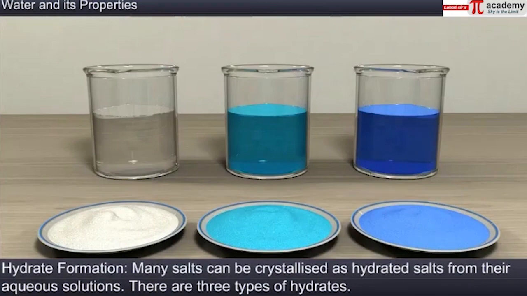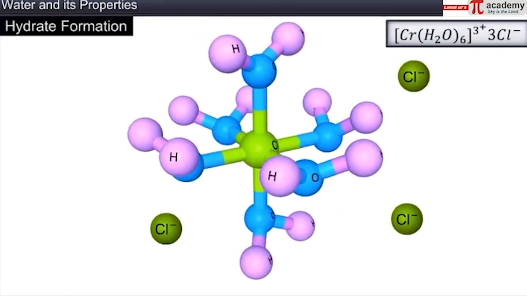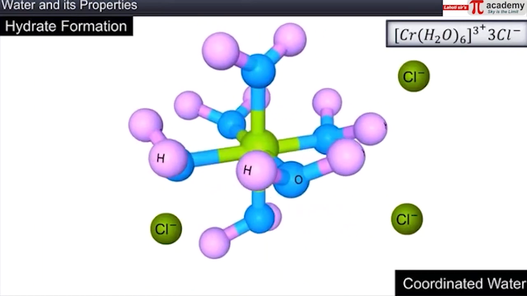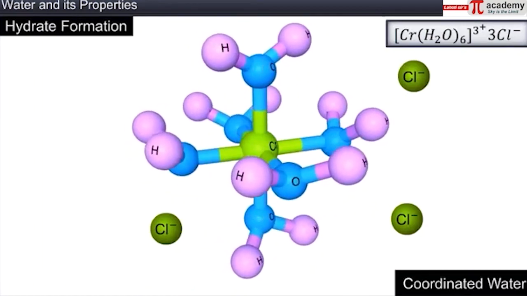Hydrate formation. Many salts can be crystallized as hydrated salts from their aqueous solutions. There are three types of hydrates. The first type of hydrate is coordinated water.